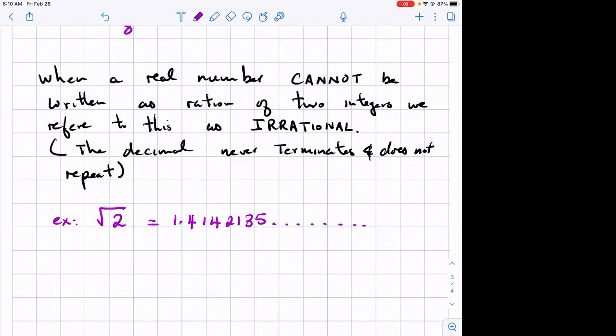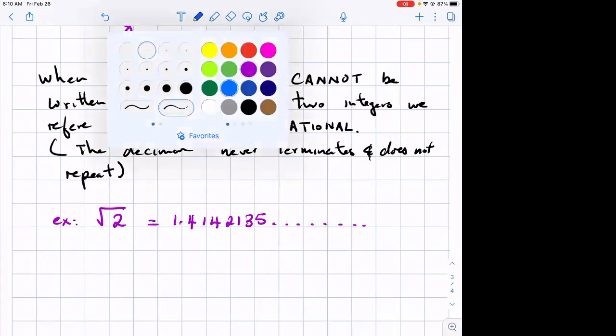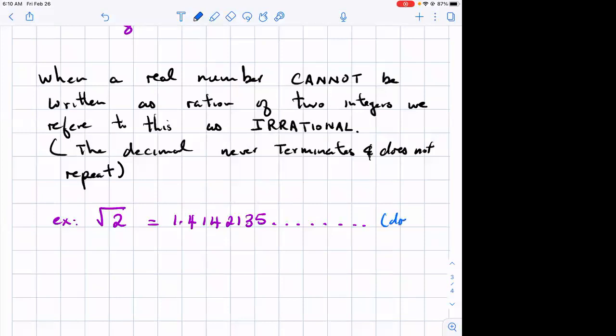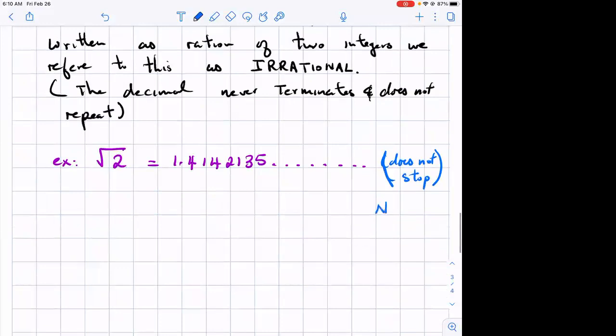It does not stop, so we say it never terminates.